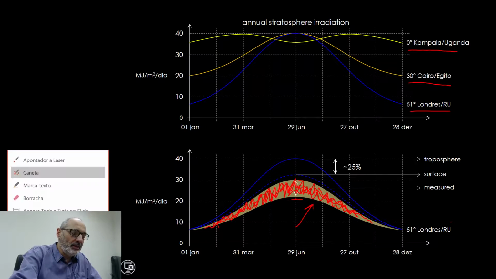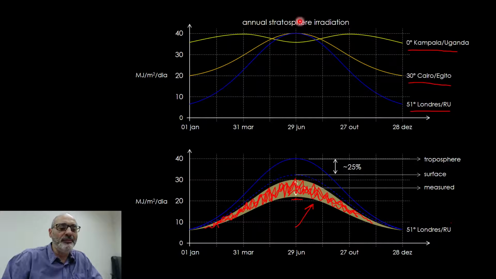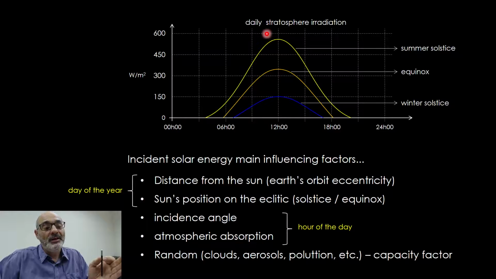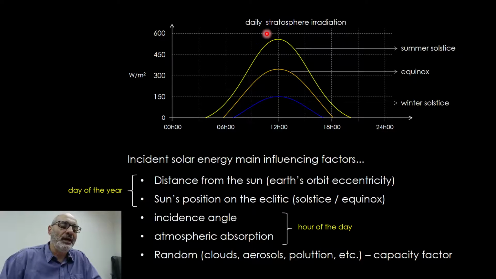Okay, well, so this was the example in terms of the average daily energy. The result here is the hourly energy that arrives during different hours of the day, during different days of the year.